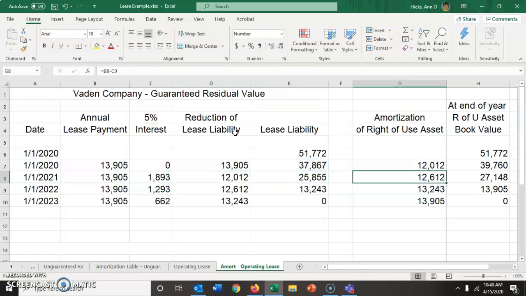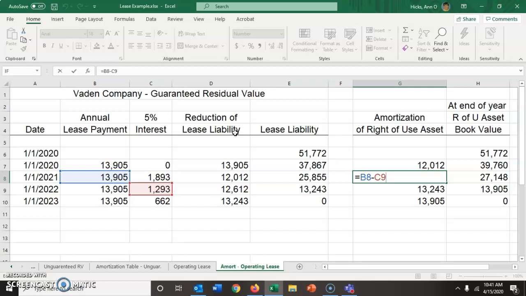The difference is that the amortization of the right of use asset is not going to be based on the original asset value divided by the lease term. It's going to, in essence, be a plug that results in the total lease expense for the year being the same.